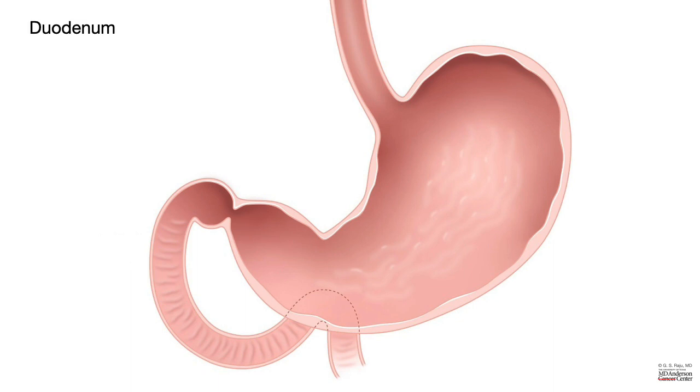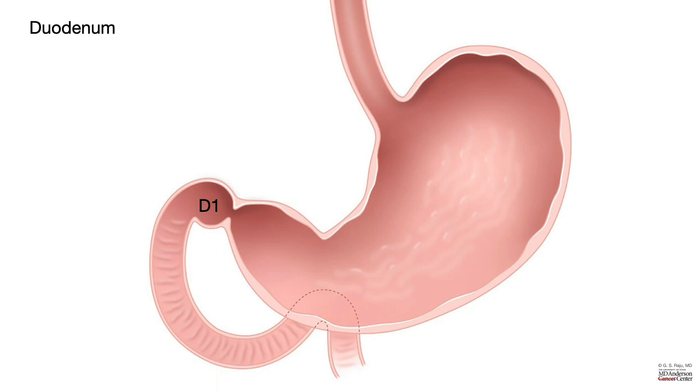So the duodenum has multiple segments. D1, otherwise known as the bulb, which has no features. Similar to the antrum, it is featureless, no folds.